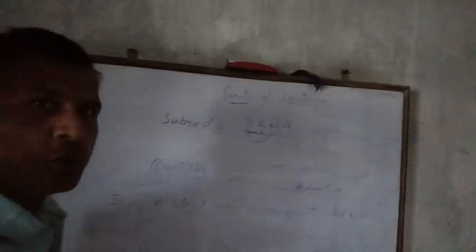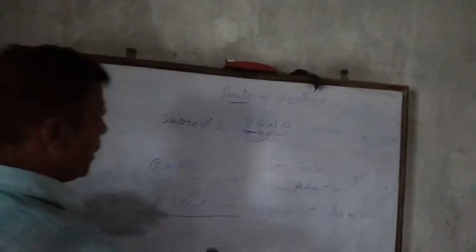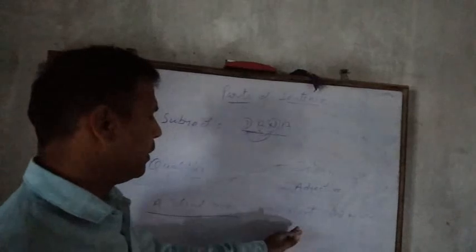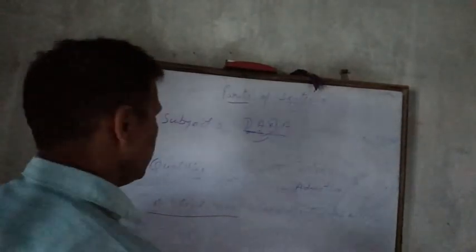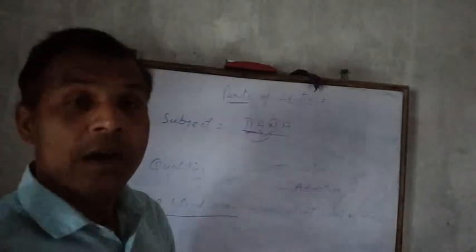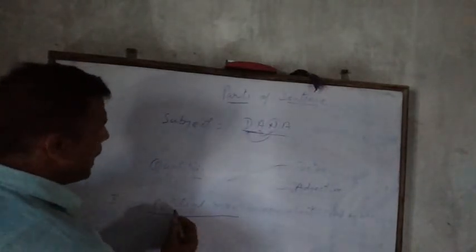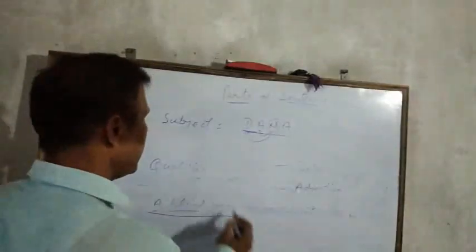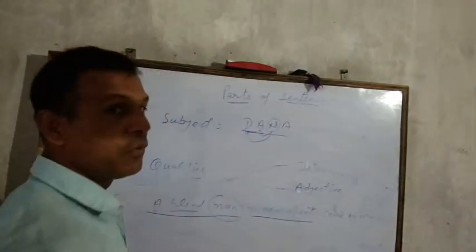A blind man in new shirt came to me. A blind man, एक अंधा आदमी, नई शर्ट में एक अंधा आदमी मेरे पास आया. So a is determiner here, blind is adjective here, man is head word. In new shirt is an adjectival phrase.